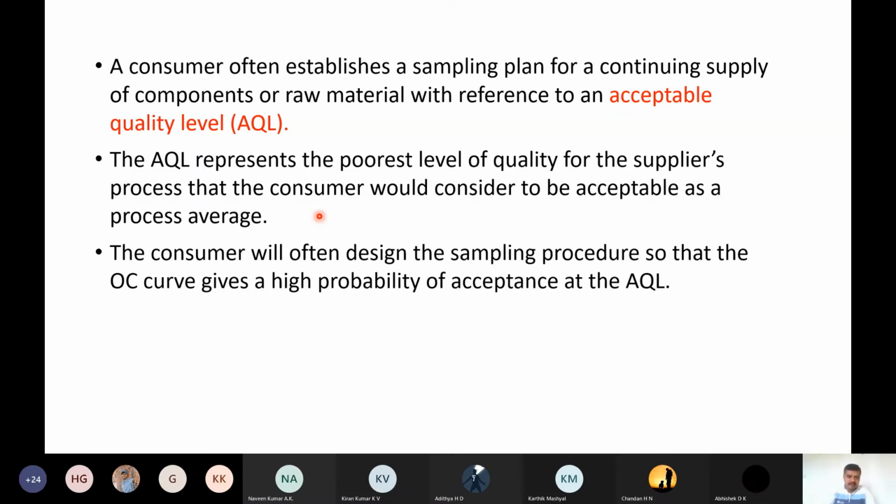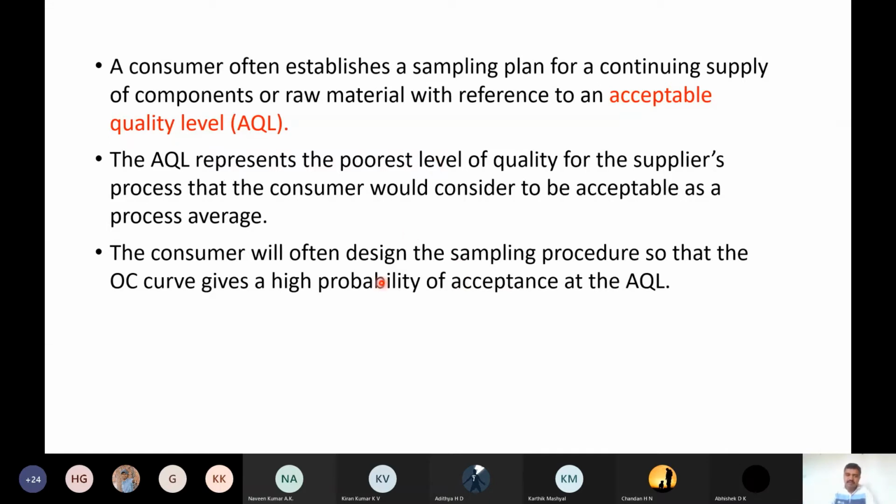The consumer will often design the sampling procedure so that the OC curve gives a high probability of acceptance at the AQL, that is acceptable quality level. That means if the suppliers are supplying components at or better than acceptable quality level, then the probability of acceptance should be high.